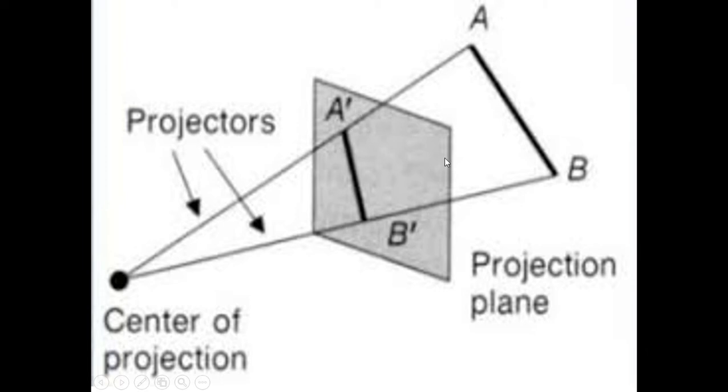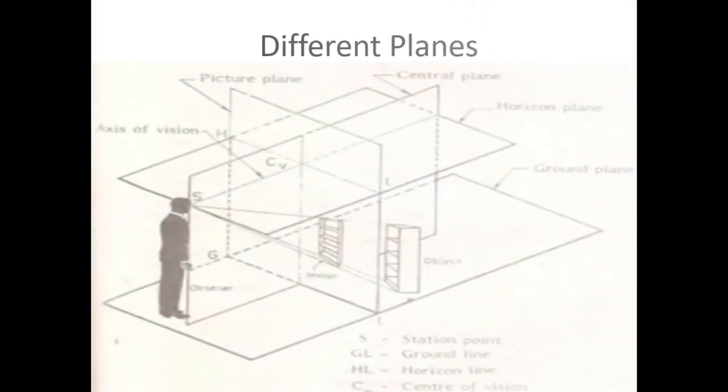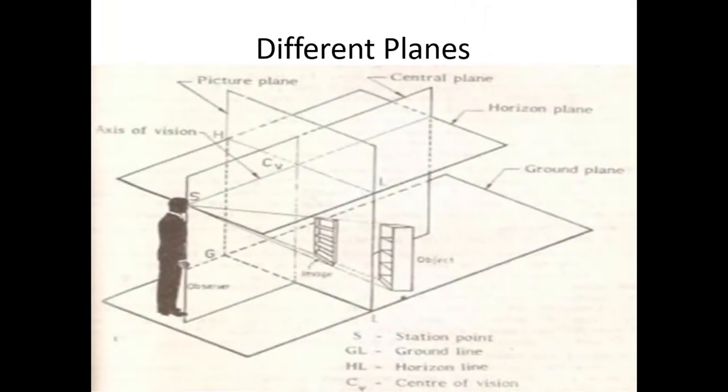So in perspective projection, the object is here and the observer is here, and you are getting the image in this projection plane. So we will see different projection planes. This is very important. The observer's eye is the station point.